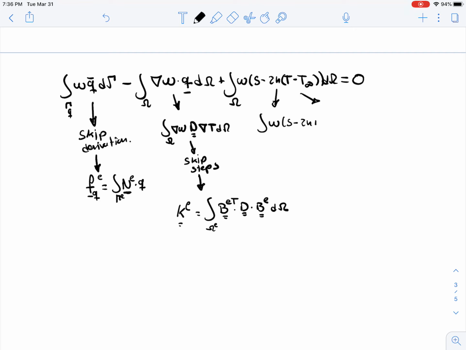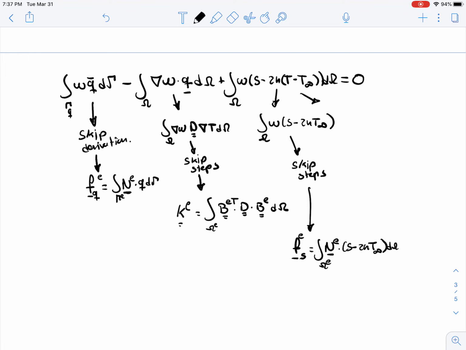The term that has the integral of w times s minus 2h t infinity, that term, no problem, will lead you to, and let me also say that I'm skipping steps, the force vector from the source term, which is going to be the integral over the element of the shape function vector times s minus 2h t infinity. And this is a term that we've seen before.